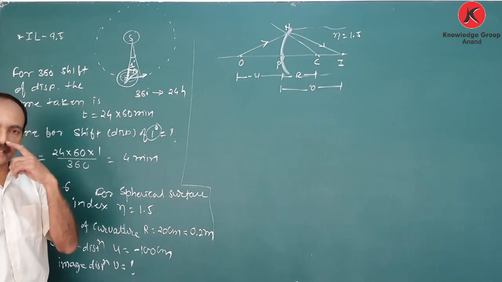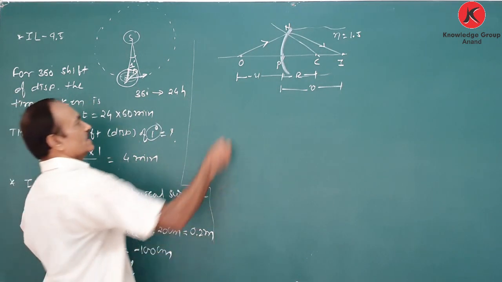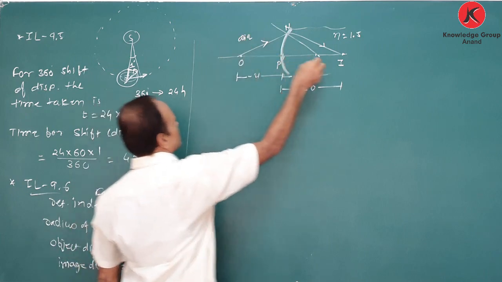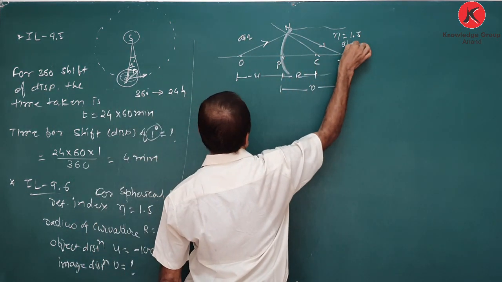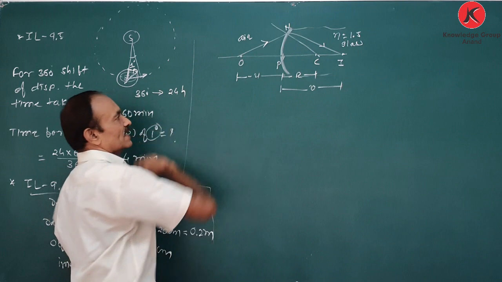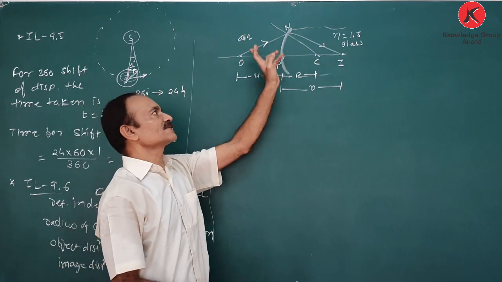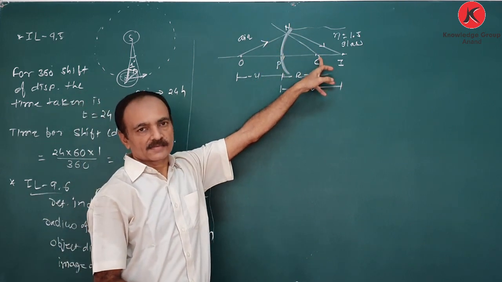So how can we calculate it? Here there is air as medium 1 and the given glass medium of 1.5. So the ray of light starts from air, that means the ray goes to the denser medium.